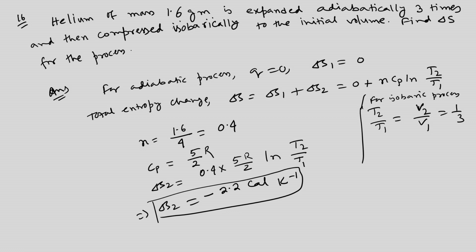So, isobaric process means pressure is constant, so T2 by T1 is nothing but V2 by V1, and volume is decreased to 1/3 of initial volume. So, we get 1 by 3 here. And if we substitute all these things, delta S2 is nothing but minus 2.2 calorie per Kelvin. Thank you.